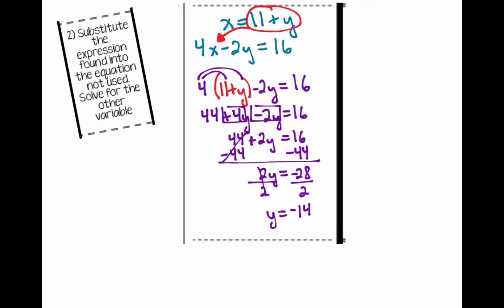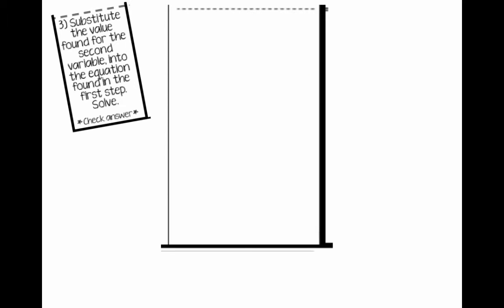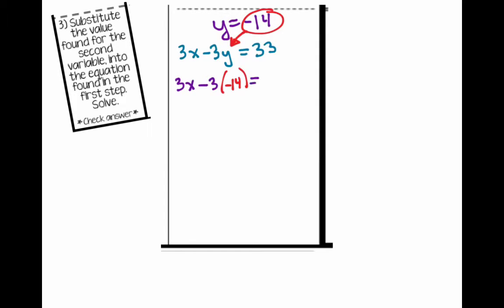I need to get my x. So I've got my y, negative 14. I'm going to take one of my original equations and substitute negative 14 in. So I'll have 3x minus 3 times, instead of y, negative 14, equals 33. Start solving. 3x plus 42.